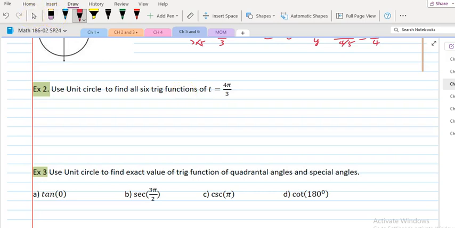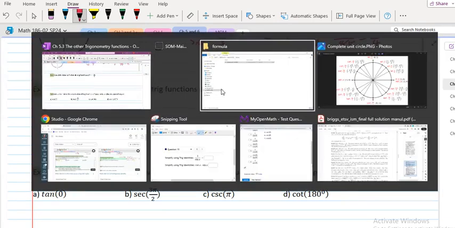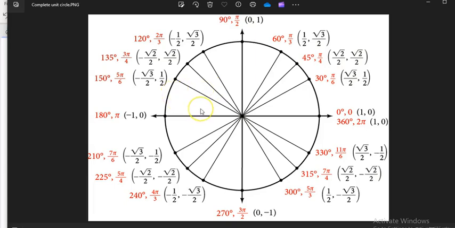Okay, I have it open and I want to use the unit circle to find all 6 trig function values of the angle 4 pi over 3. So my input is 4 pi over 3, and I want to know the trig function values. So I'm going to switch to the unit circle. You should find it in Canvas, and I think I'm going to print you a copy.